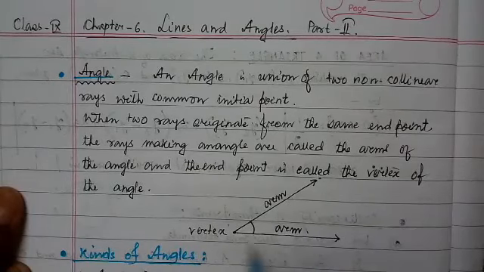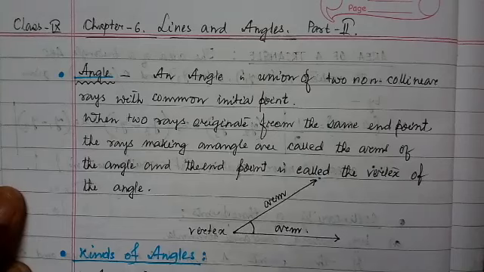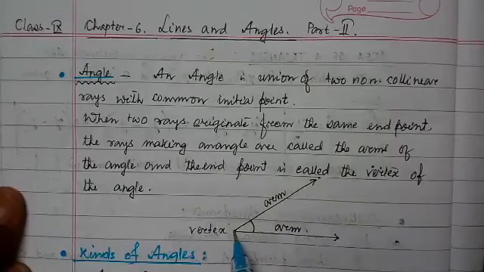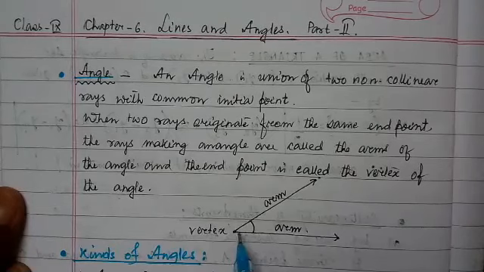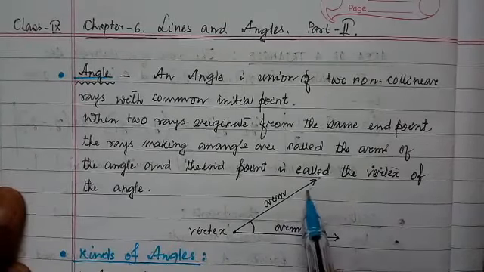Therefore, for this angle, these two rays are non-collinear rays. They have a common initial point, that is, they originate from the same point. This point is called the vertex and the rays are called the arms.